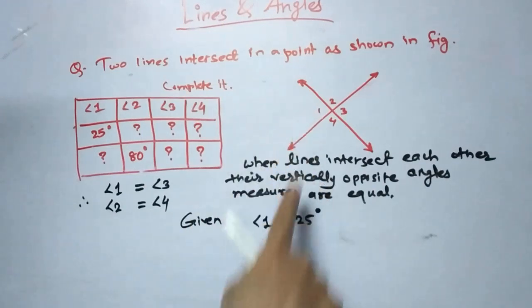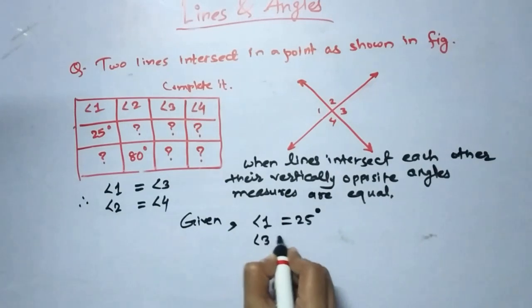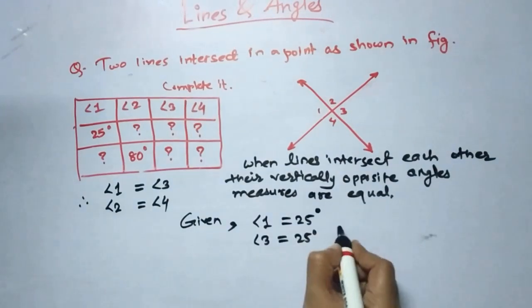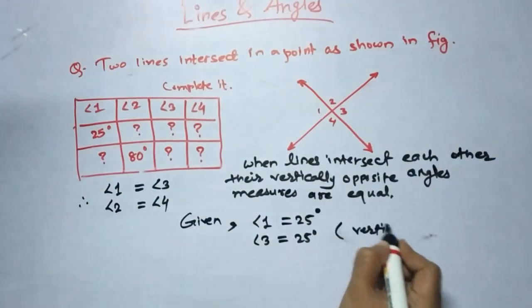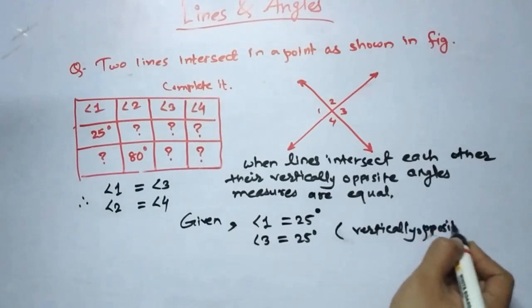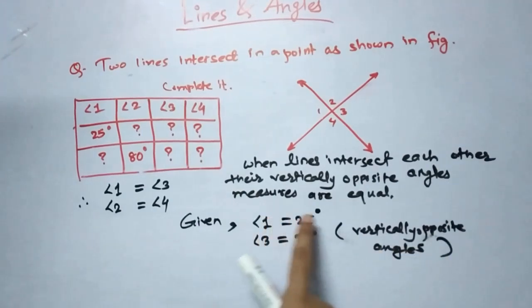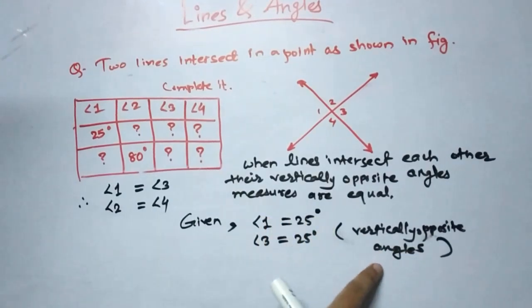So this angle is 25 degrees, so its vertically opposite angle 3 is also going to be 25 degrees. Reason you can write: vertically opposite angles.